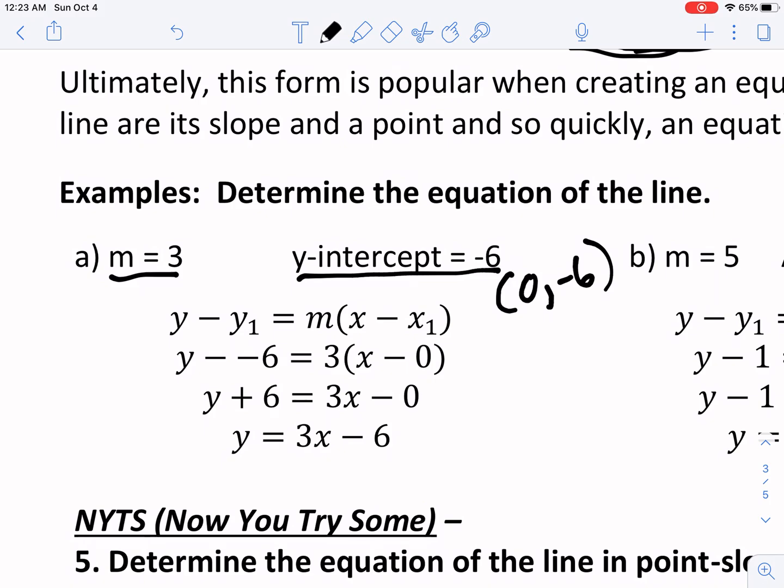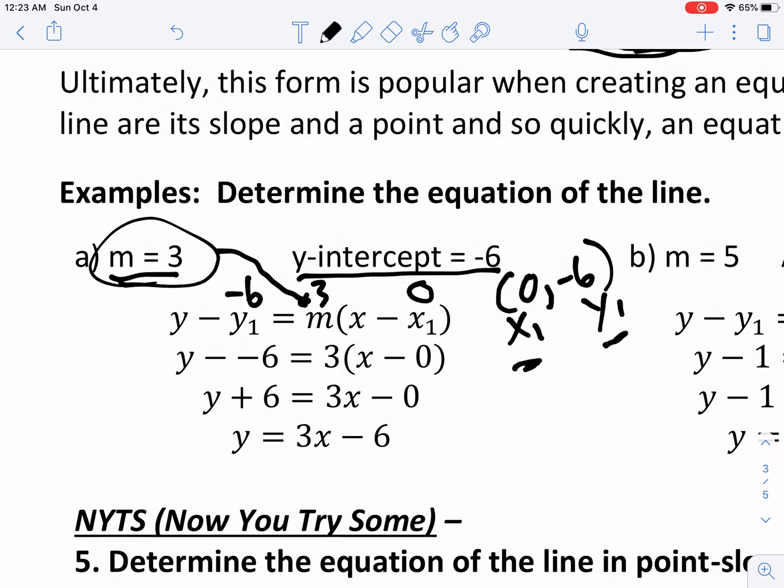Now, with that in mind, we're just going to plug this guy in as our x1, and we're going to plug this guy in as our y1, and then, of course, we plug in 3 for our m. So plugging those guys in where they're supposed to go, we're going to put in 3 here, we're going to plug in our 0 here, and our -6 here, okay? The reason we can do that is because we know that this guy is our coordinate x and our coordinate y.